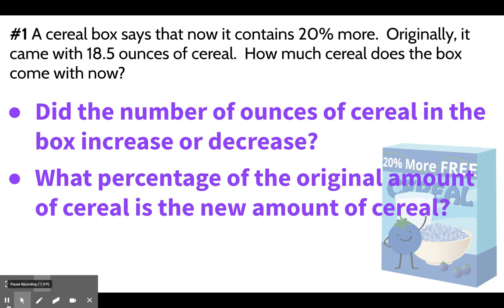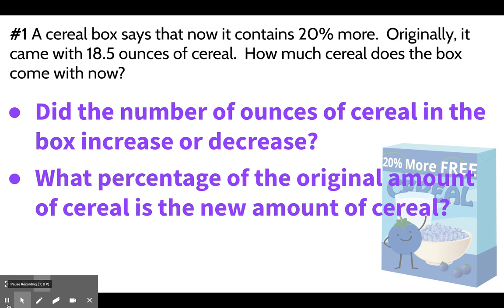Now I have what 20% of 18.5 is, but I can't just stop there. I have to take that number, 3.7, and add it to 18.5 to get my final answer, which is 22.2.